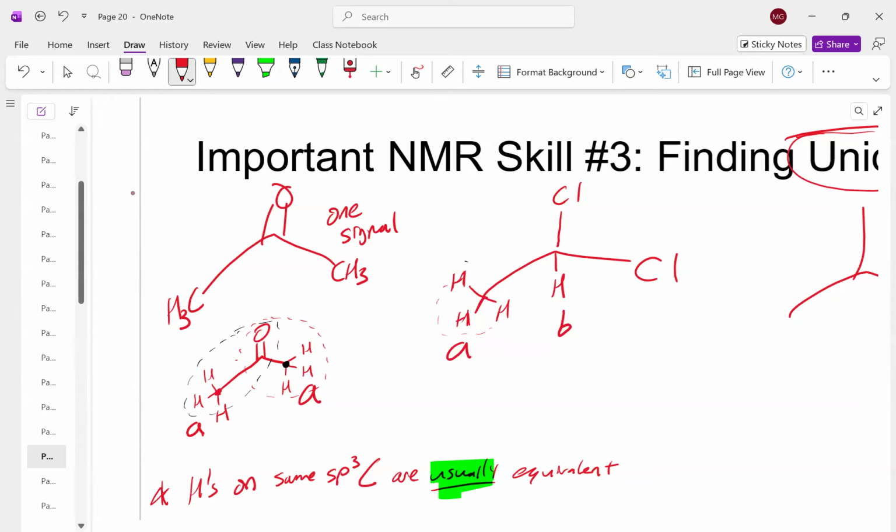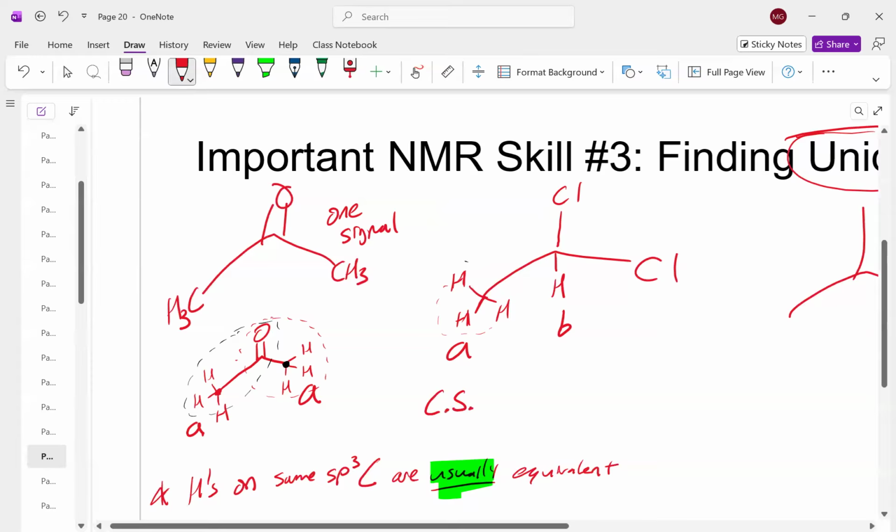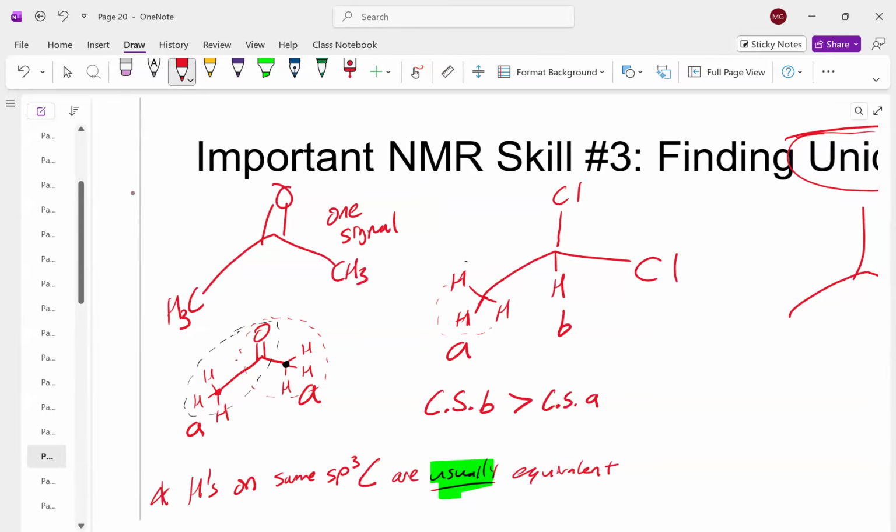So now that you know that, you might not know the specific values yet, but you know that since B is right next to two chlorines, highly electronegative atoms, it's going to have a much higher chemical shift than A. The chemical shift for B is going to be much higher than the chemical shift for A. And again, we don't know those numbers yet. We will look at them. But just based off of the trends, we know that we would see two signals and that B would have the higher chemical shift than A.